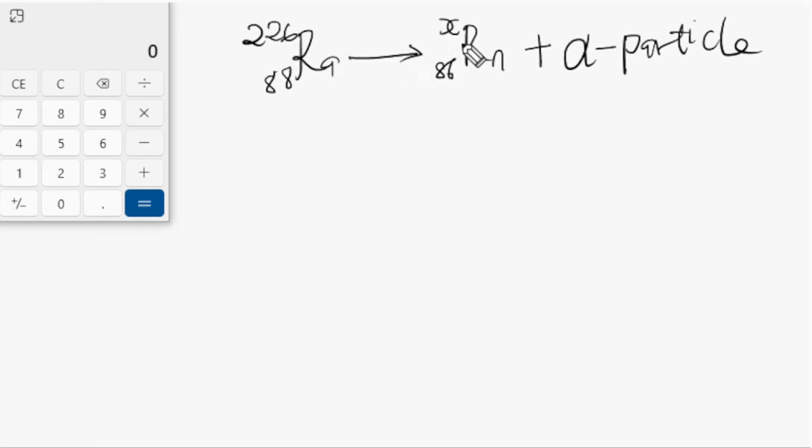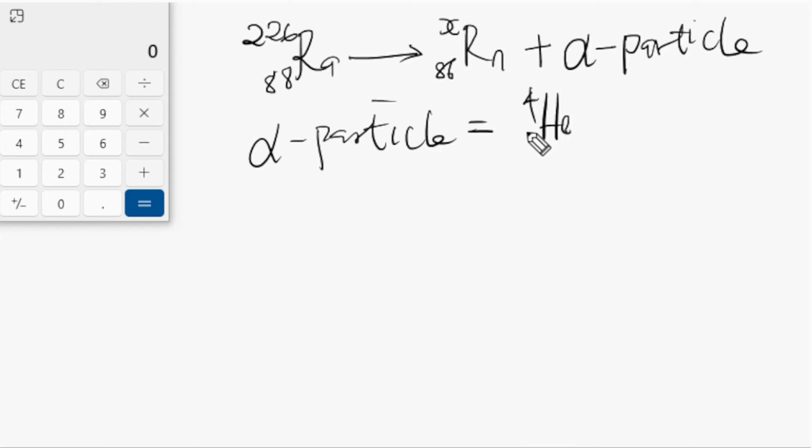But if you really want to solve for this, we know that alpha particle is going to be the same as a helium atom, which is this.